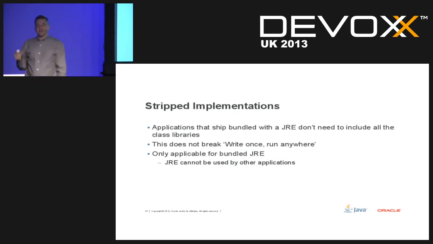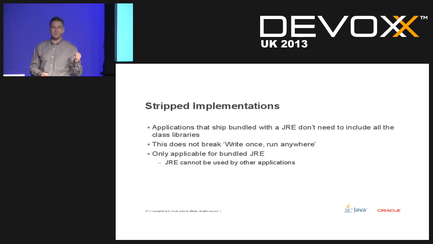Stripped implementations. This is quite an interesting idea because what it now says is that we've always stuck to the write once, run anywhere idea, where you have to have the full JRE in order to qualify as being Java, and this has caused many problems for various things in the past. What we're now saying is that you don't have to do that anymore. You can actually strip down the JRE and only provide the class libraries that you actually want.